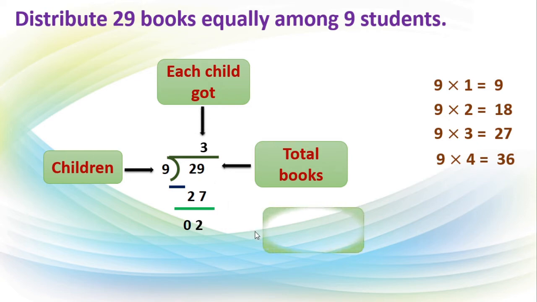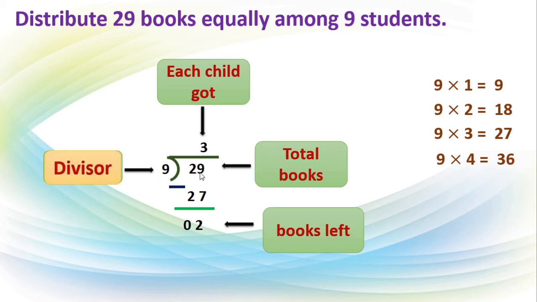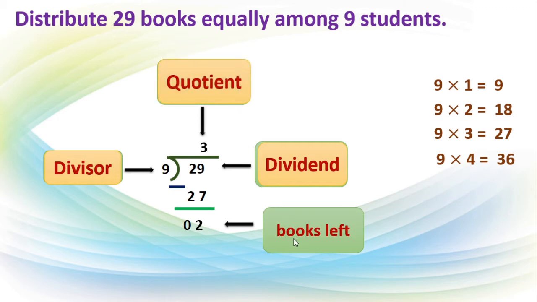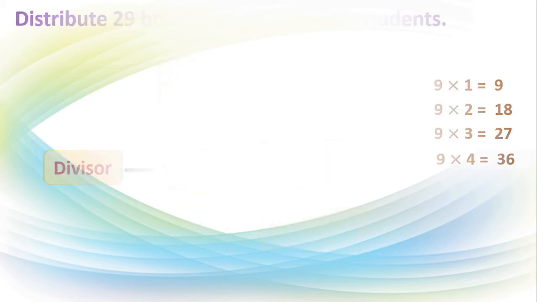And how many books remained here? 2 books left. Correct? Now here what do we call this 9? 9 is nothing but the divisor. And 29, that is total books, is nothing but the dividend. And the answer we got, that is the quotient. And the remainder means how many books left. Got this? We will try one more.